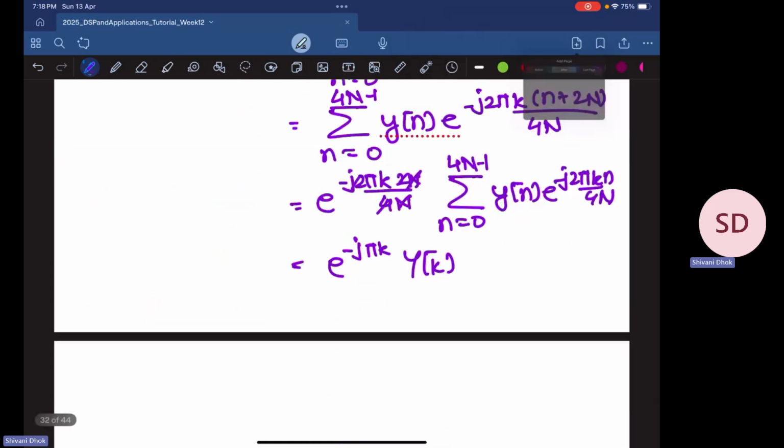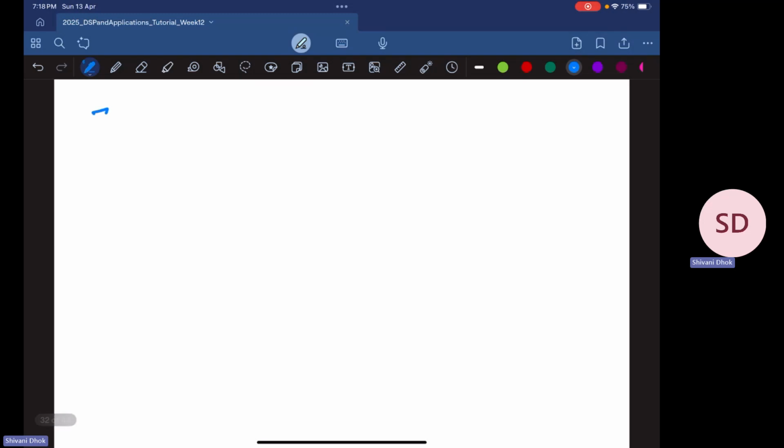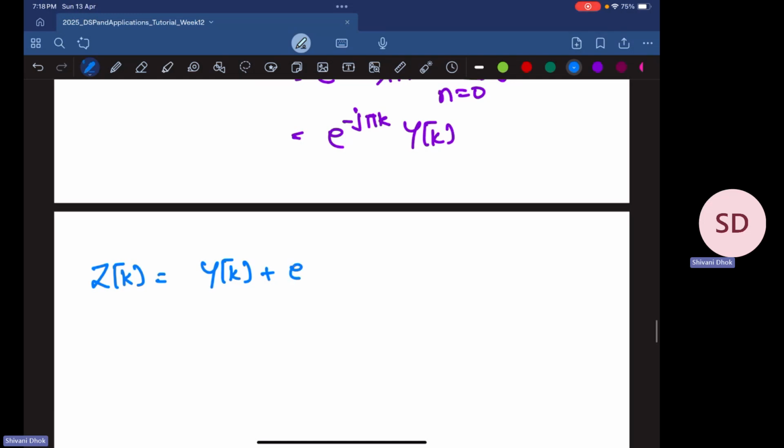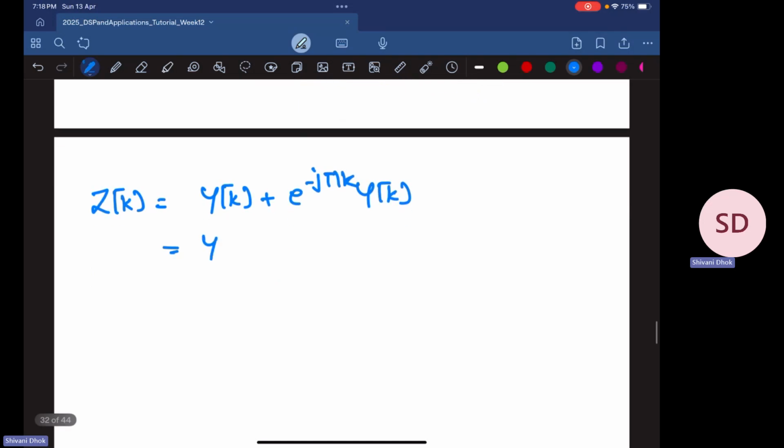We get z of k is equal to y of k plus e power minus j pi k y of k. E power minus j pi k is minus 1 to the power k. So y of k I can take common: 1 plus minus 1 to the power k.